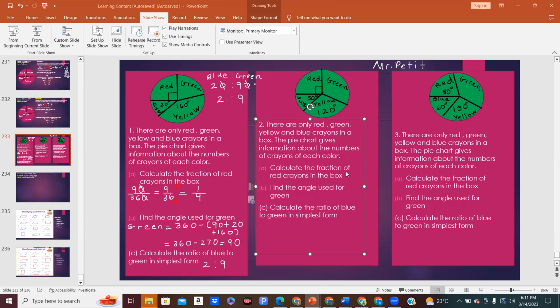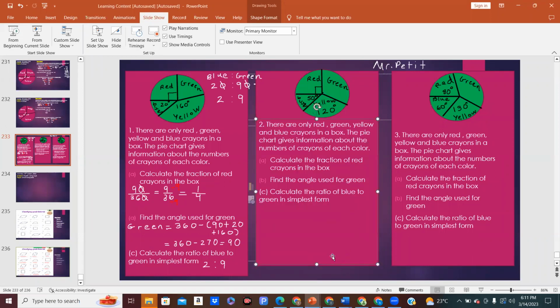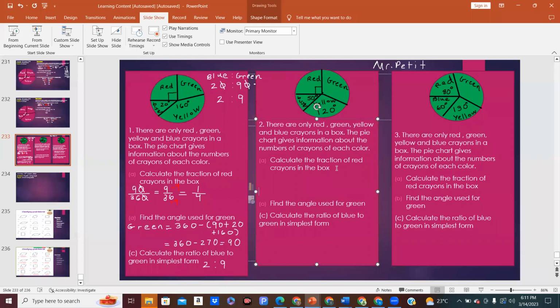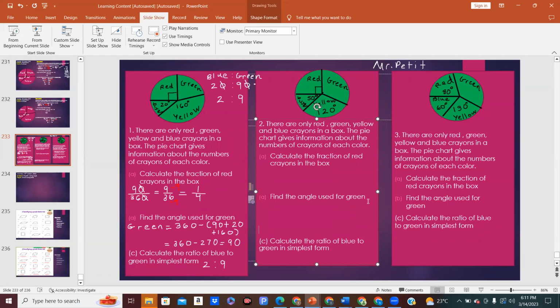So we have to calculate the fraction of the red crayons in the box. That's the first thing we're going to do. And then the next thing, after we do that, is to figure out the angle used for green. Okay.